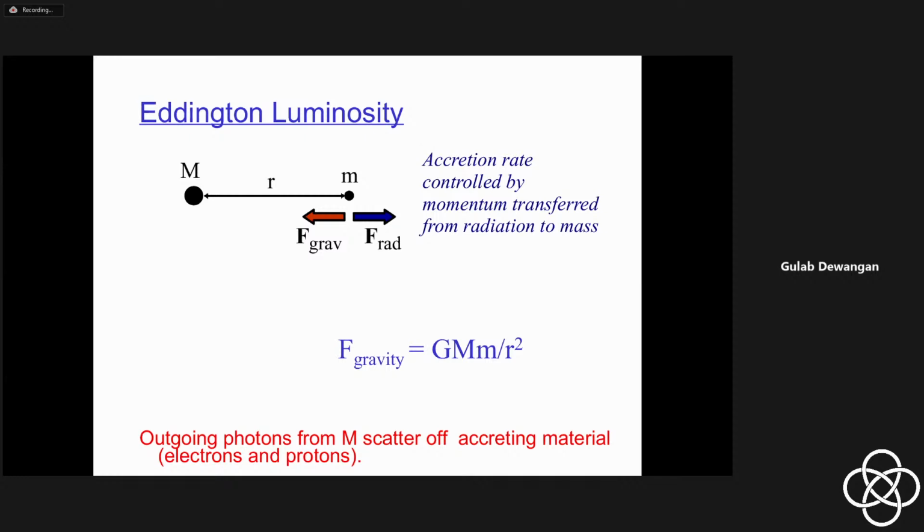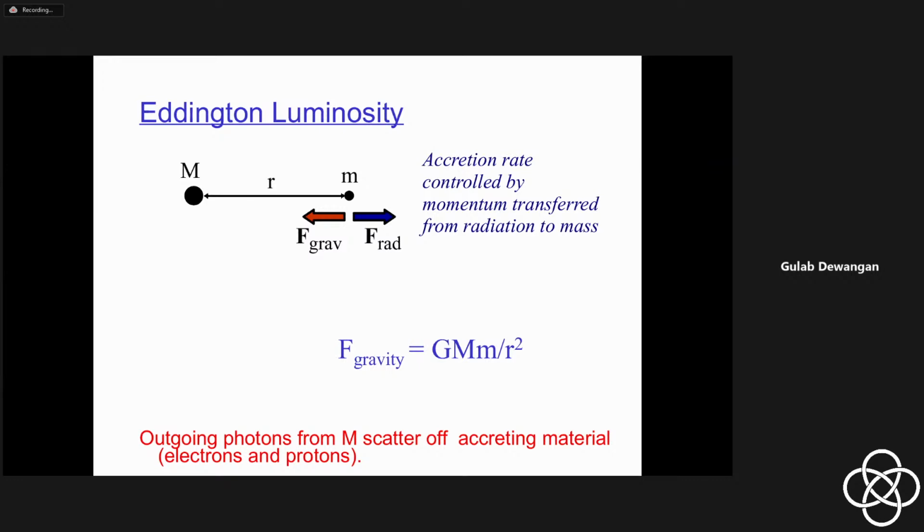We have a central object with a mass capital M, and at a distance r there is material with a small mass m, which is being accreted, with the accretion controlled by momentum transport from radiation to this small mass m. So there is a gravitational inward pull and an outward radiation pressure force.